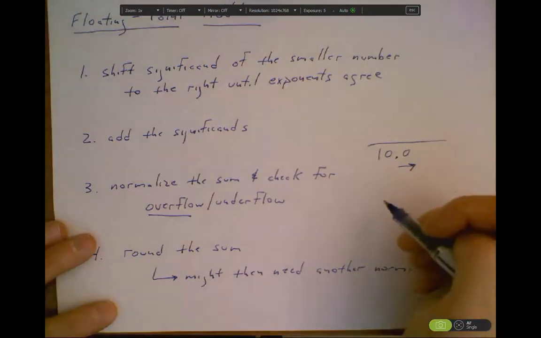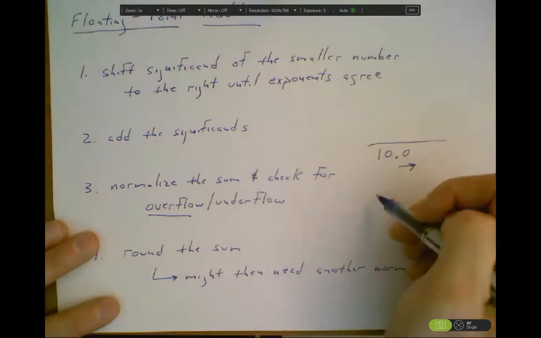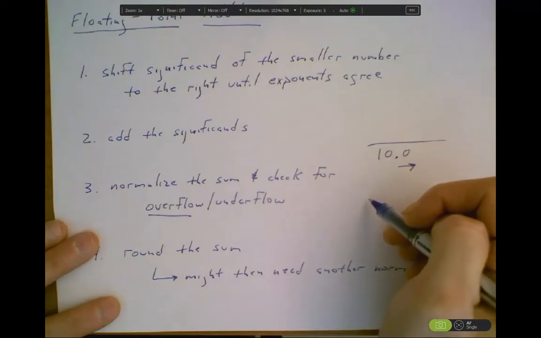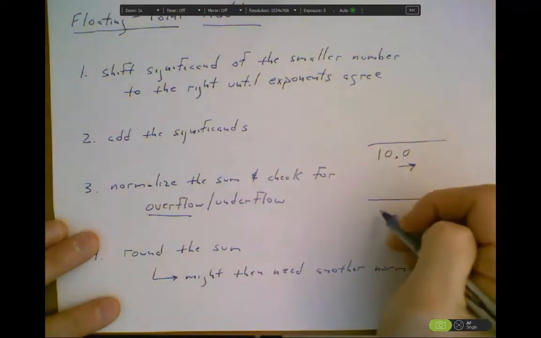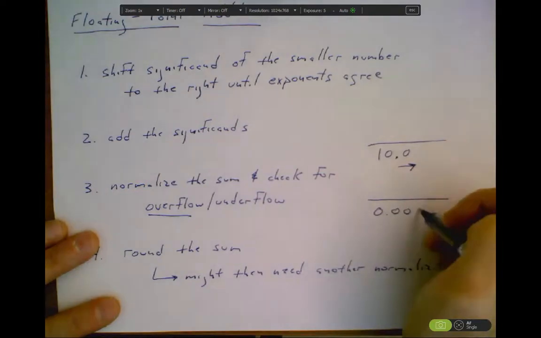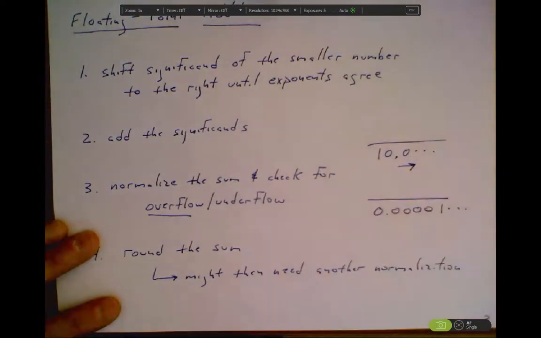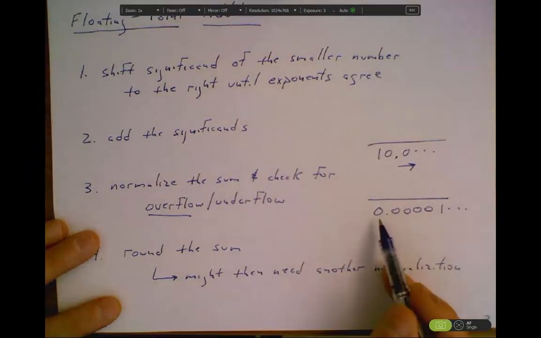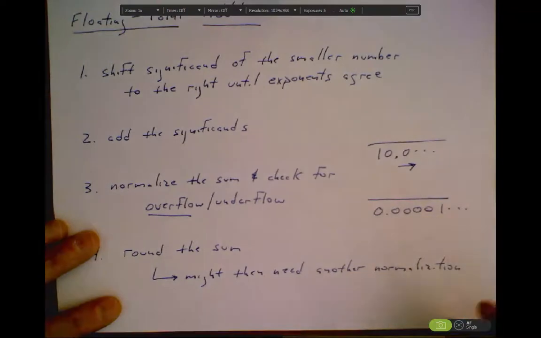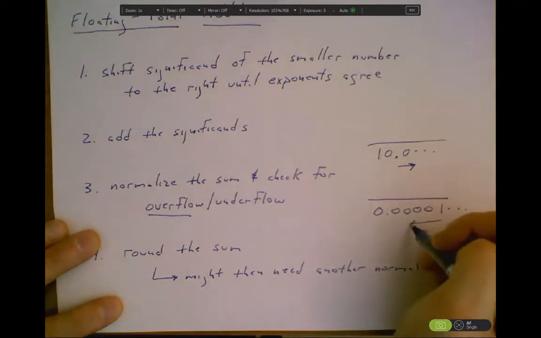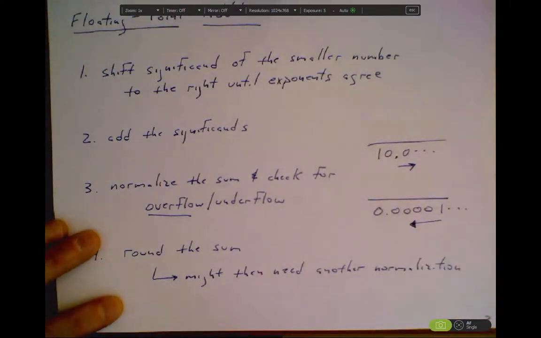The second thing that can happen is if in fact one of the numbers is negative and one is positive, I'm in effect doing a subtraction, and my result might be something like this. The numbers are close together. I end up with an unnormalized result because I have a lot of leading zeros. In this case, I have to shift to the left to normalize.